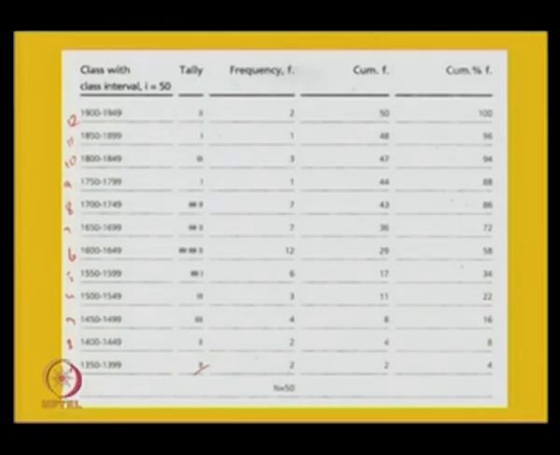Now, the frequencies in these groups are 2, 2, 4, 3, 6, 12, 7, 7, 1, 3, 2, 1.